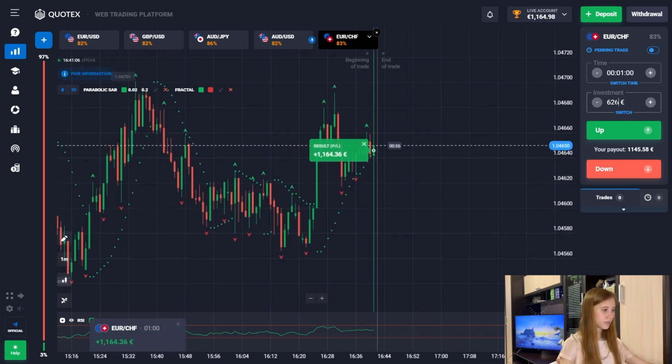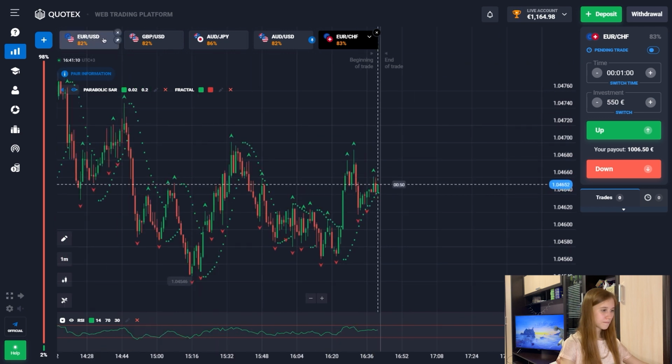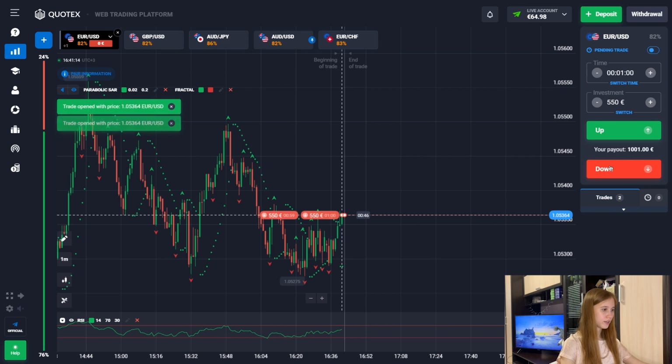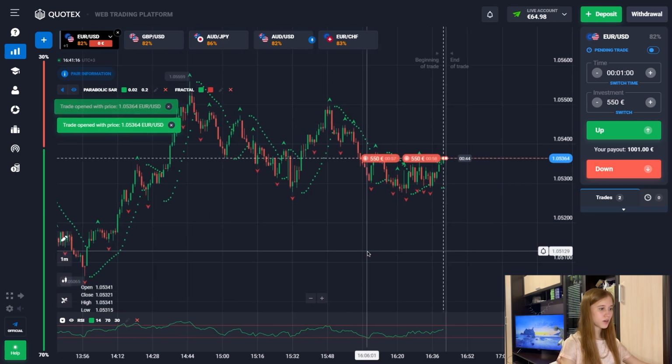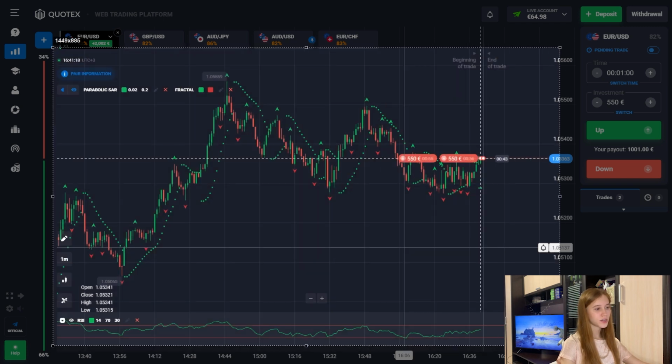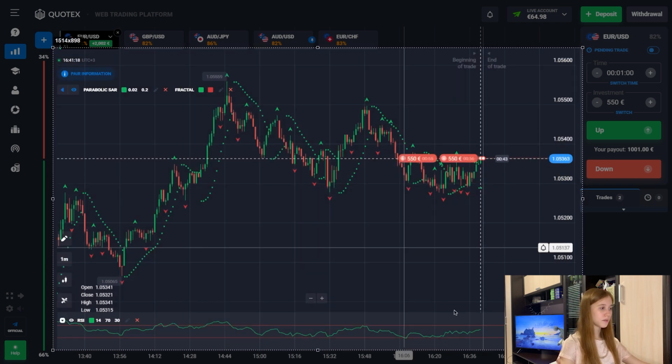So here we can open 2 deals for a fall. Almost identical situation, that is, after such a sharp increase we see a corrective movement, but it's of a slightly different character.